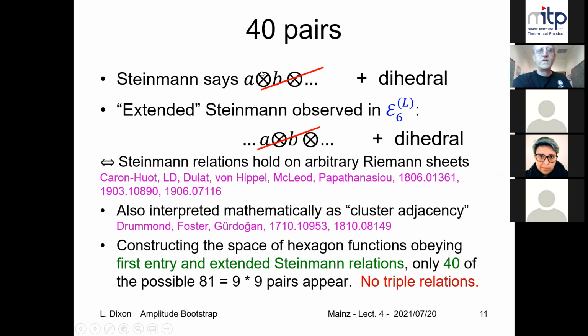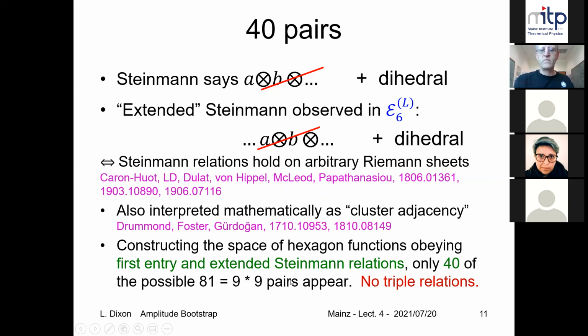So when you impose these 6 conditions, and you build up the space iteratively from the beginning, also imposing the first entry branch cut condition, you find that the space that you construct only has 40 of the possible 9 times 9, or 81 pairs, 9 because there are 9 letters.